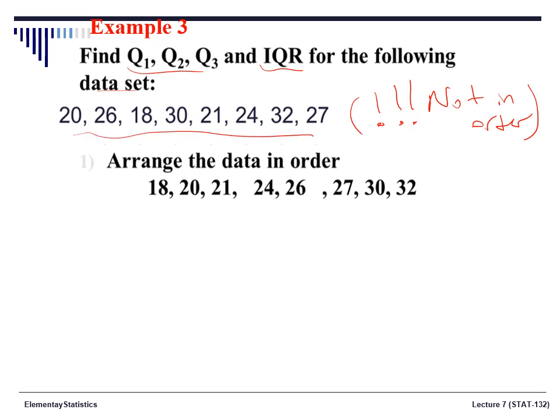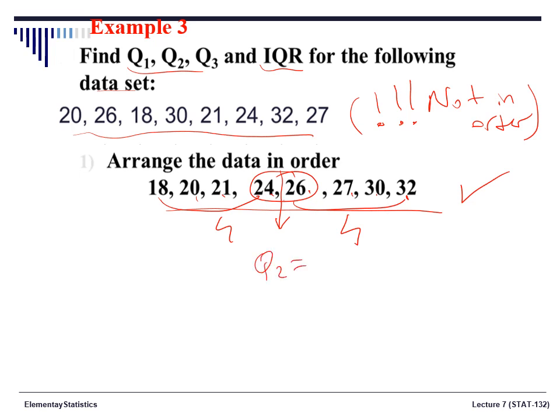As you see now, it's arranged in order. Then you can find the median. 1, 2, 3, 4, 5, 6, 7, 8. If it is 8 numbers, where's the median? It will be here, between the 4 here and the 4 here. So this Q2 becomes the median here.